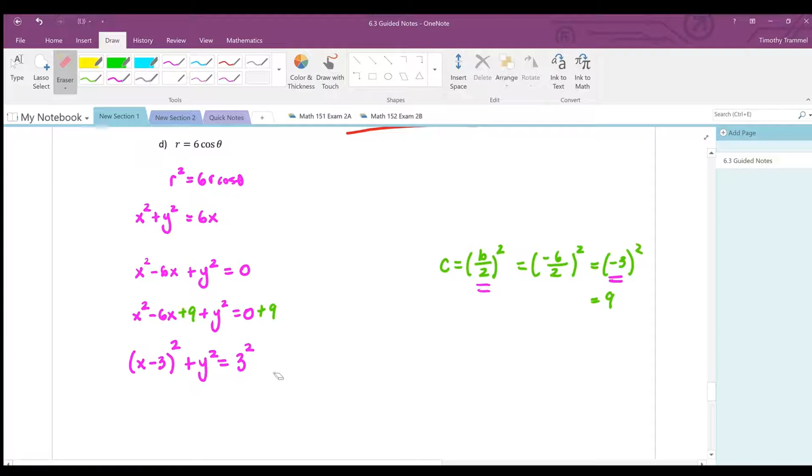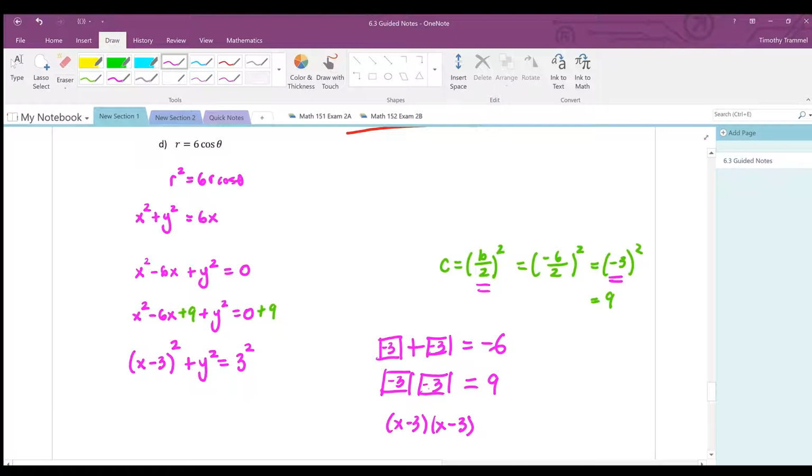But you could have also used the old trick, what two numbers add to the middle term and multiply to the last term, which was 9, and those two numbers would be minus 3 and minus 3, which would mean that x squared minus 6x plus 9 would factor into x minus 3 times x minus 3, which is equal to x minus 3 squared, which is what we wrote.